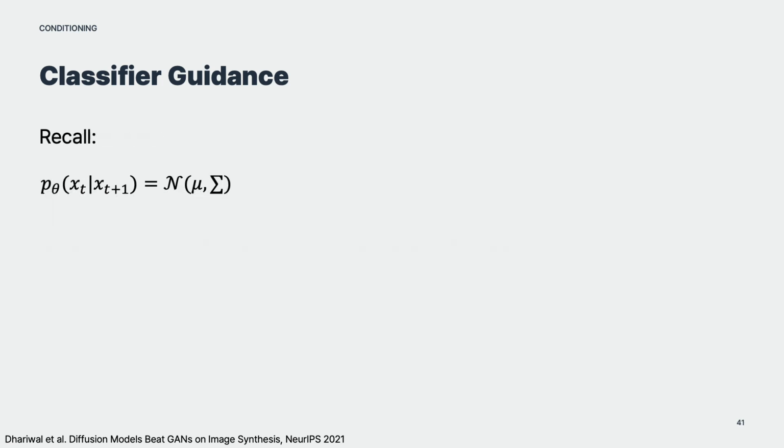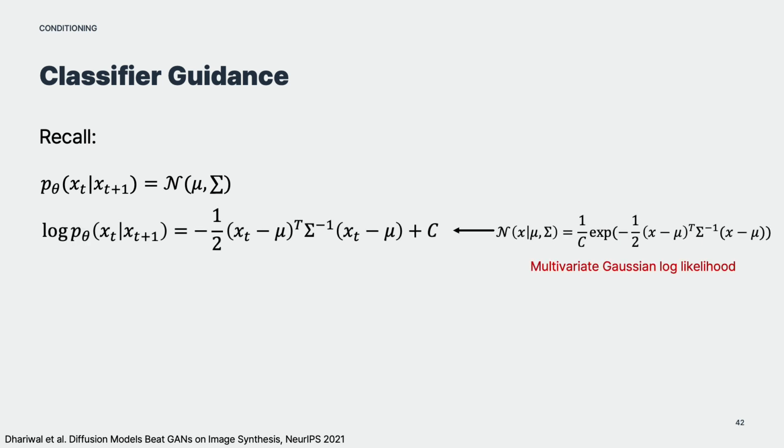Okay, so recall that the reverse process in diffusion is Gaussian. By the exact formula for the log likelihood of a multivariate Gaussian, the term log phi theta of xt given xt plus 1 can be expanded as follows.